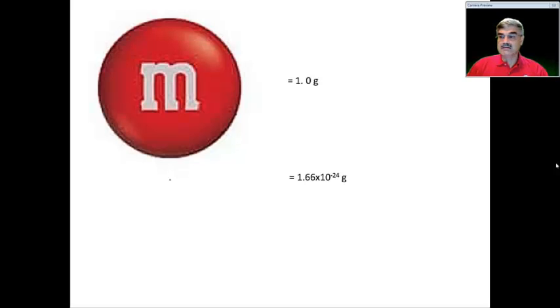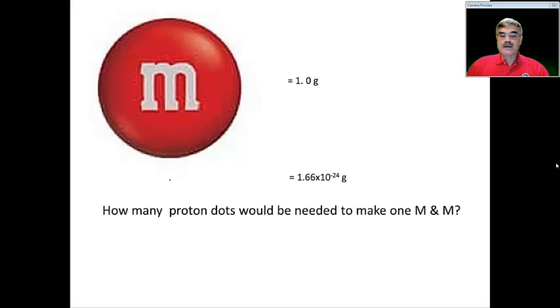If you had 1,000, it would be 1.66 times 10 to the minus 21st grams. So still very, very small numbers. How many proton dots would be needed to make 1 M&M?